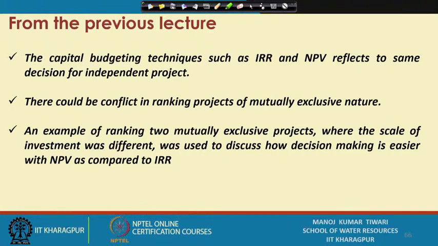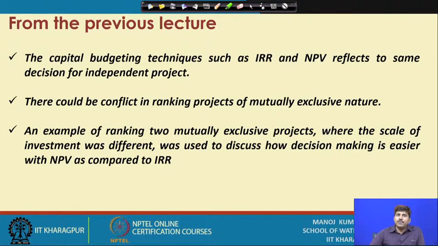We took an example in the previous session, if you recall, of two mutually exclusive projects where the scale of investment was different. One had 50 lakhs investment, while the other had 150 lakhs investment, three times the investment.